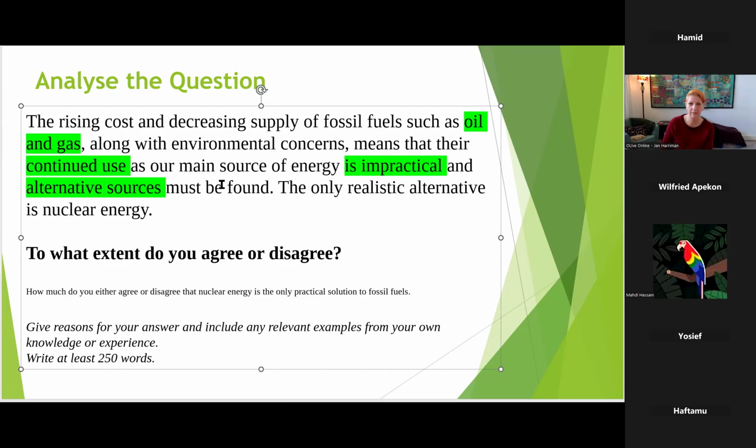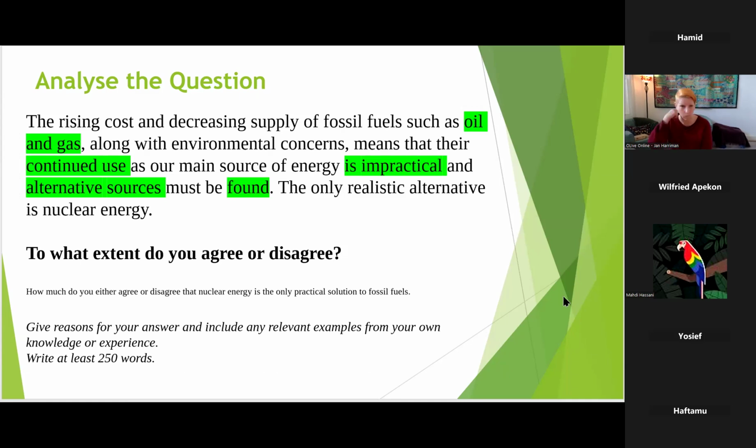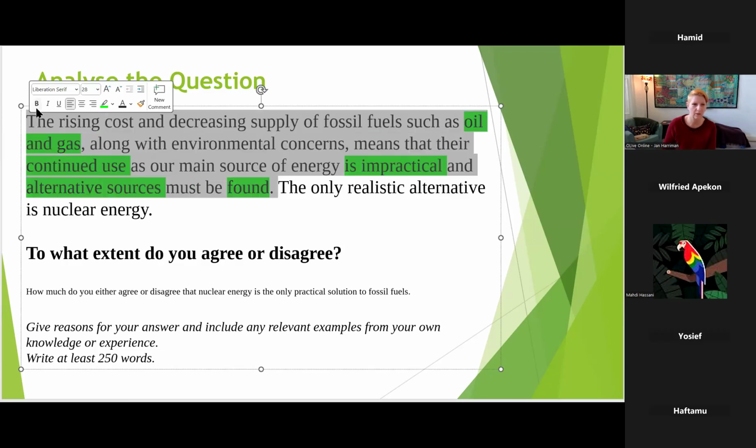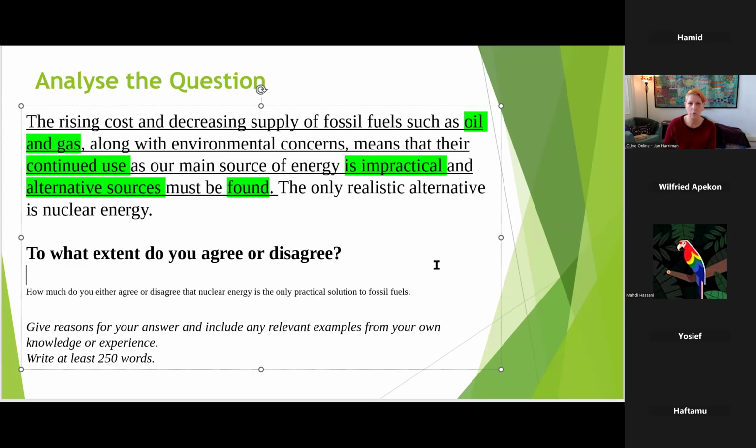Alternative sources must be found. Okay. So have we gotten to the question yet? There's one more statement. So that whole first sentence is all background. Okay. It's giving reasons why their use is impractical, right?